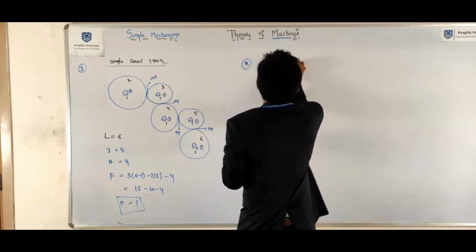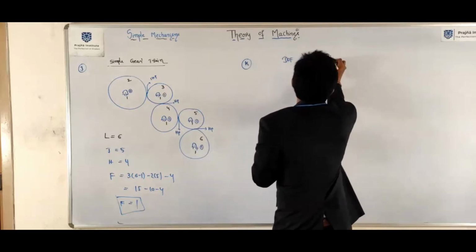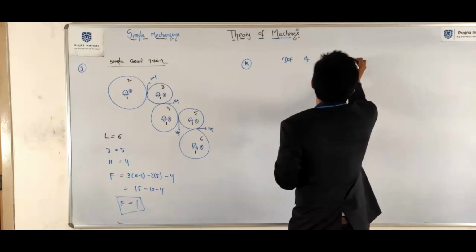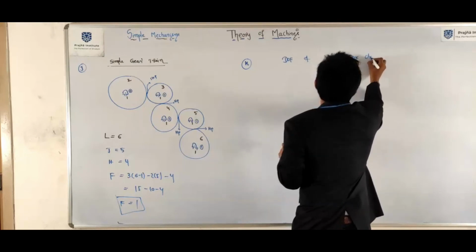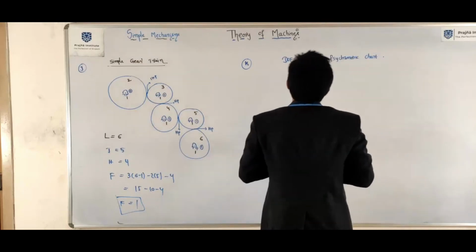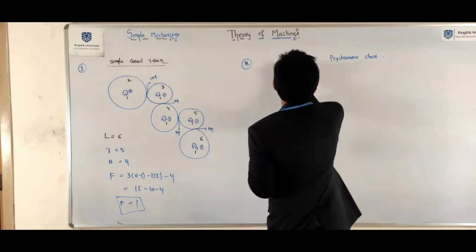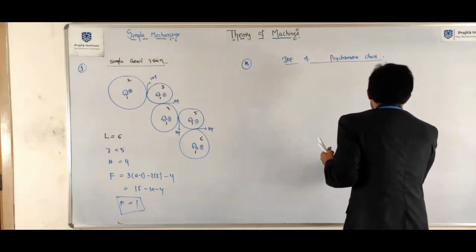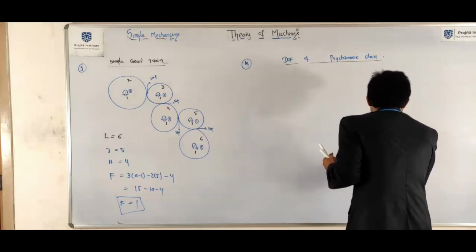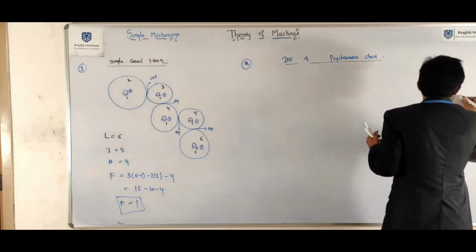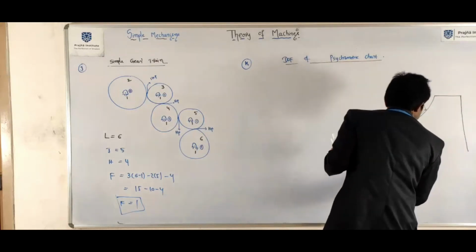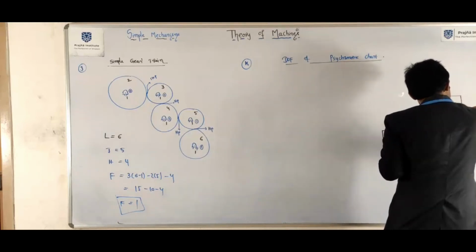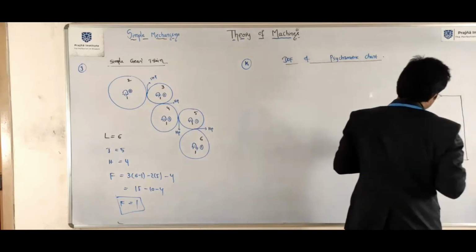Degree of freedom of psychrometric chart.